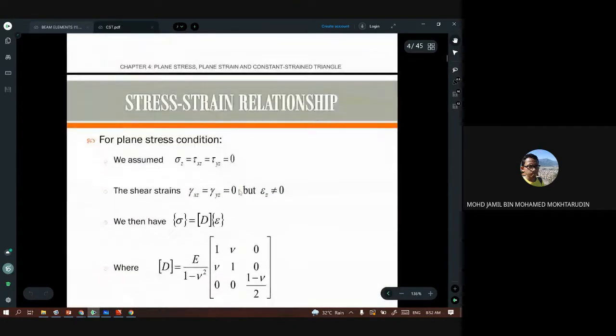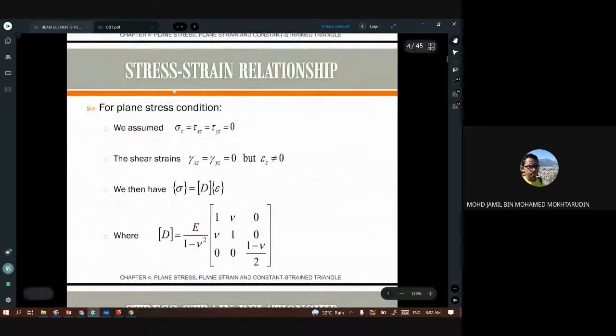And then we go to understanding the stress-strain relationship. We assume a linear relationship between stress and strain. For a plane stress condition, the stress-strain relationship is given by sigma equals D times epsilon.